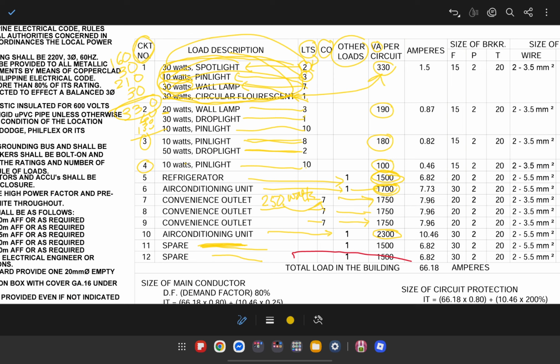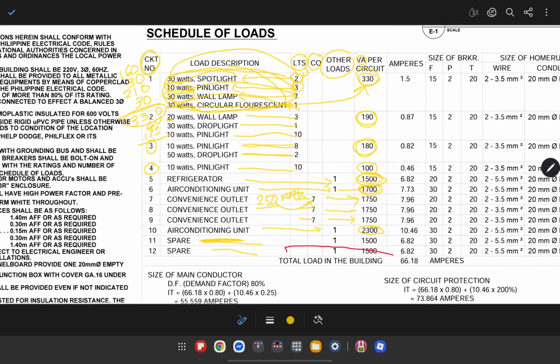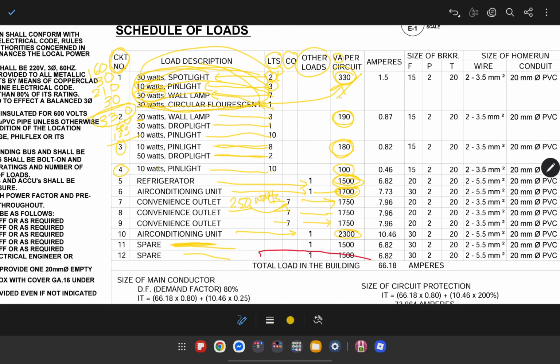Okay, so after calculating all the watts per circuit, all you need to do is divide this by 220, which gives you the amperes. The purpose of the amperes is for the sizing of both the circuit home run and your circuit breaker. So 330 divided by 220.